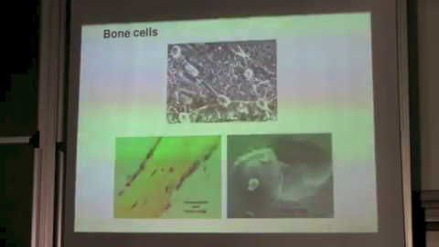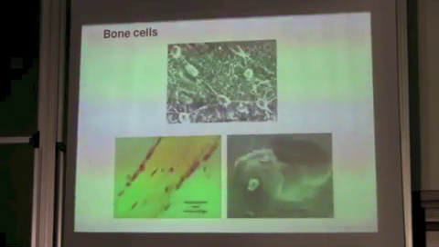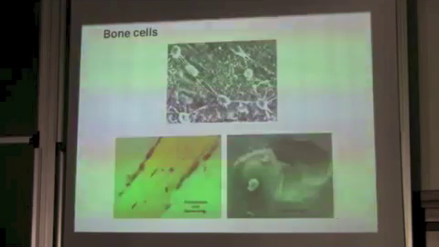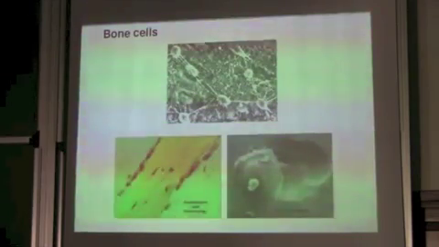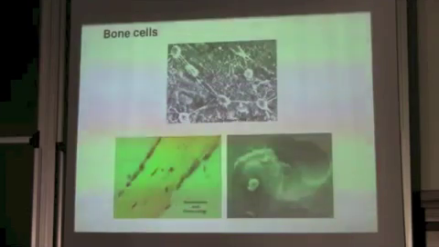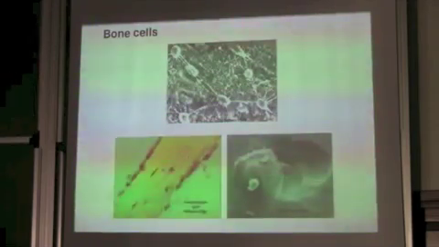First of all, I should say that in our life, on average, we change the material of our bones about 3 times during life. This is a continuously working factory, a very complex factory, where the old material is resorbed and the new material is created, and it happens always in our life.